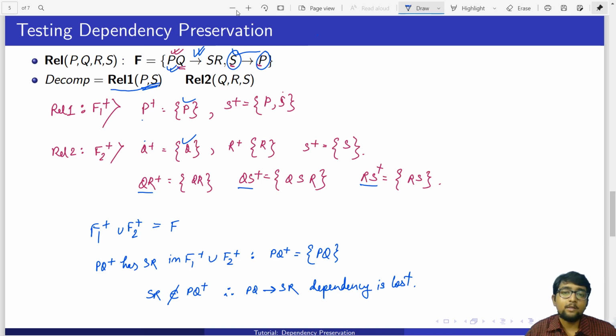And accordingly this decomposition is not dependency preserving.